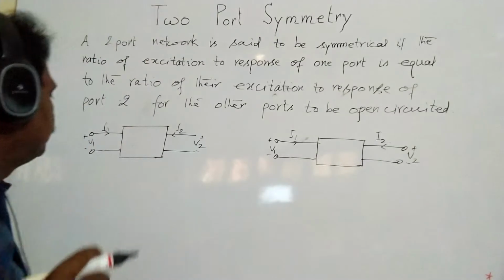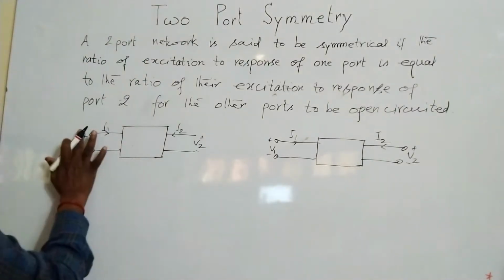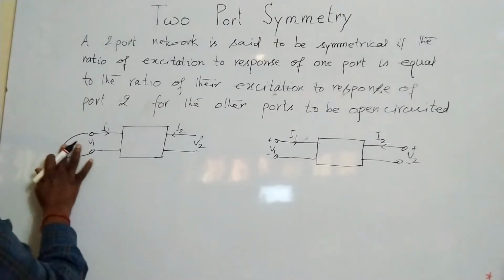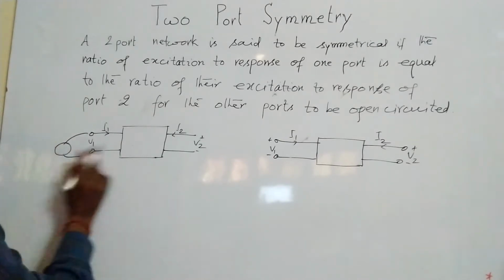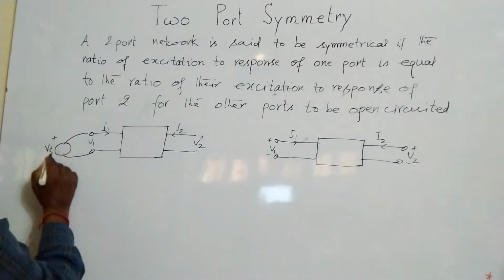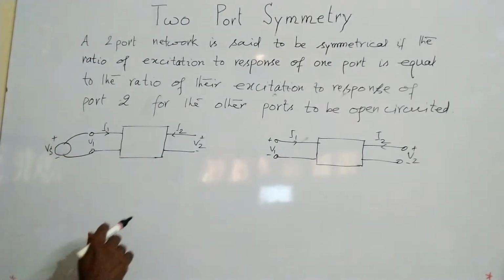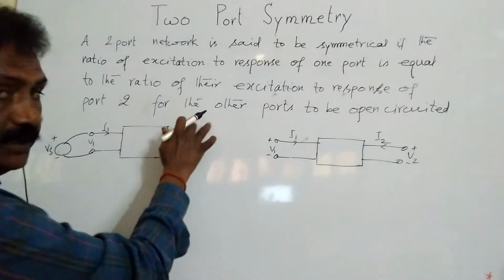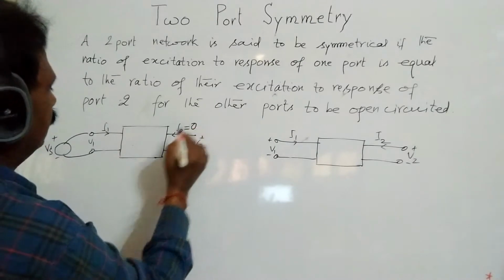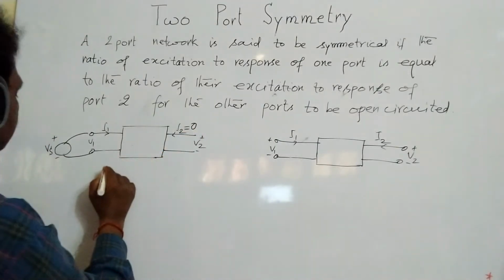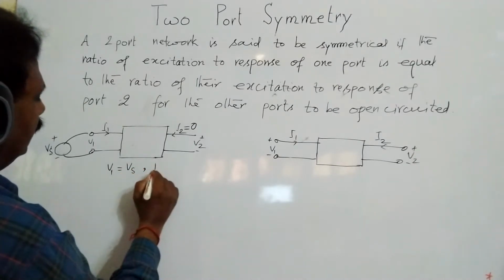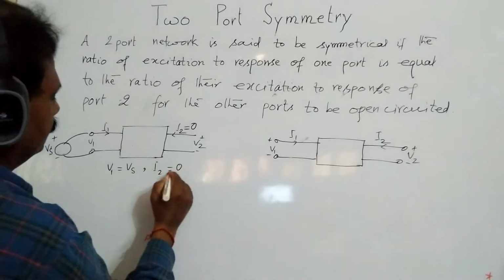Then if we connect a voltage source Vs to the first port and keep the other port open circuited, it means I2 equal to 0. Here what we are taking is V1 equal to Vs and I2 equal to 0.